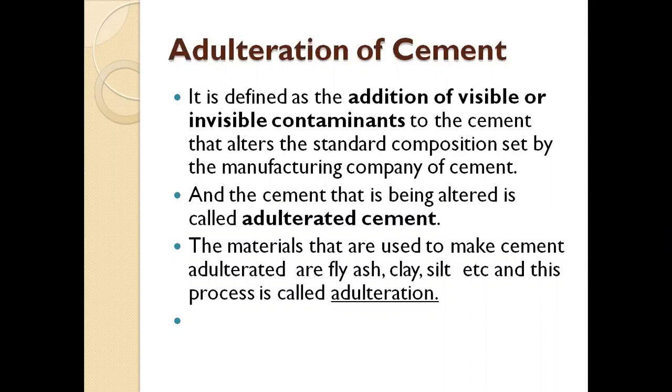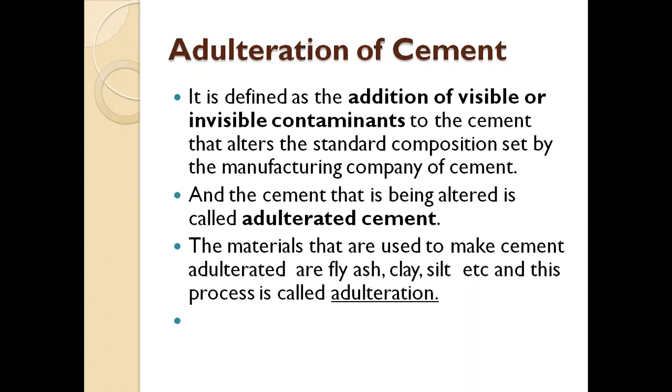So the process in which some materials like fly ash, clay or silt particles are added into the cement also affects the standard and the properties of the cement. And this process, that is the addition of other materials into the cement, is known as the adulteration of a cement.